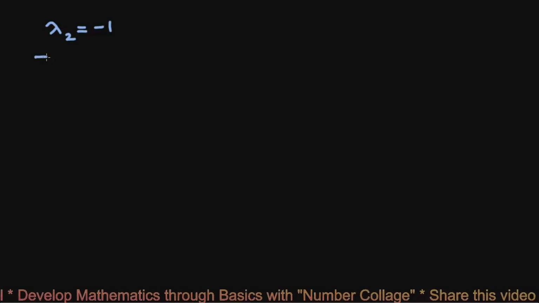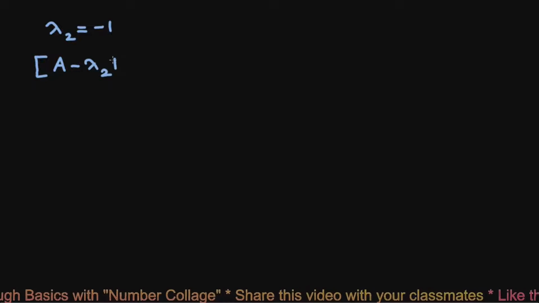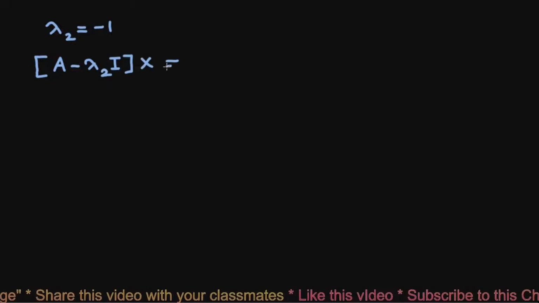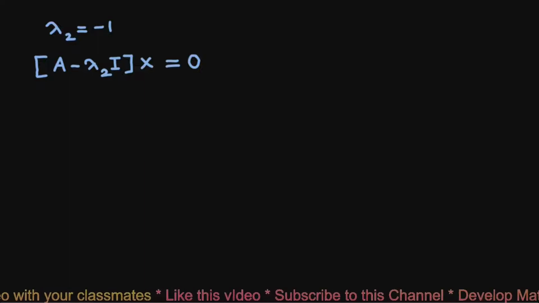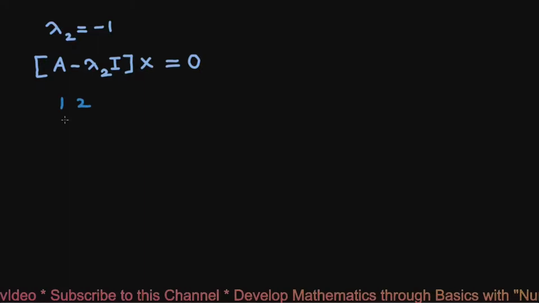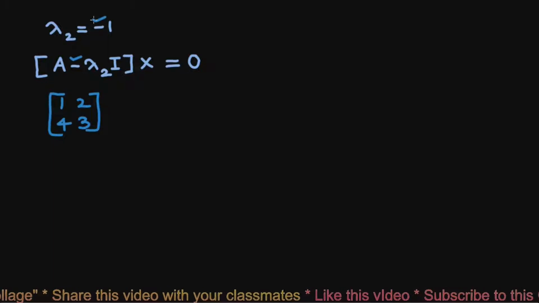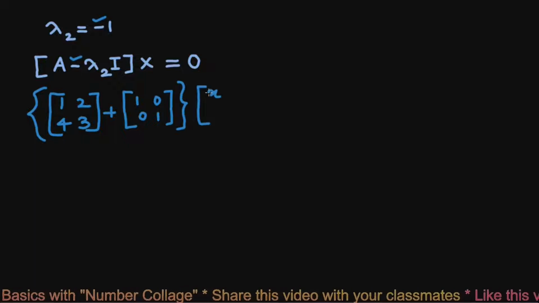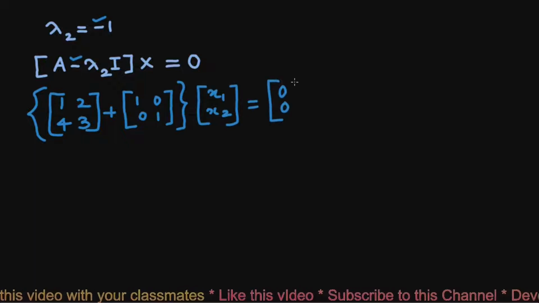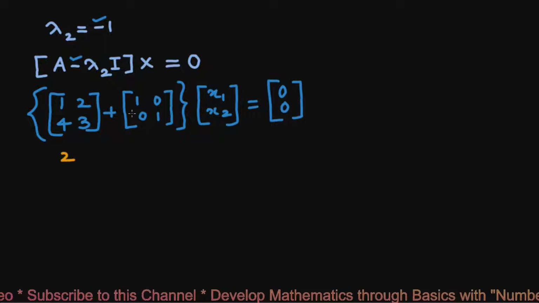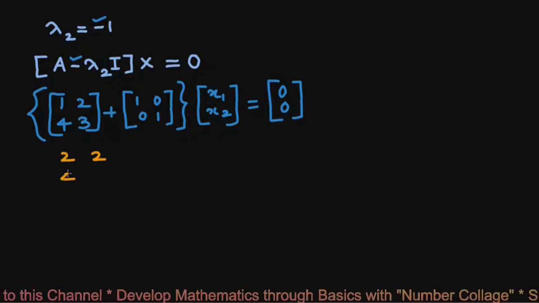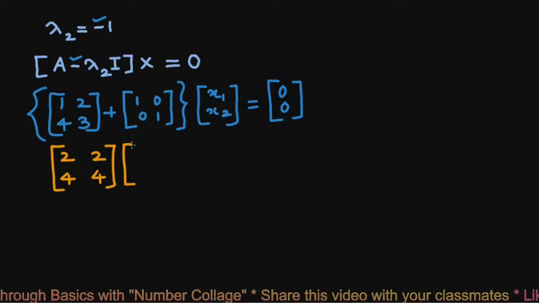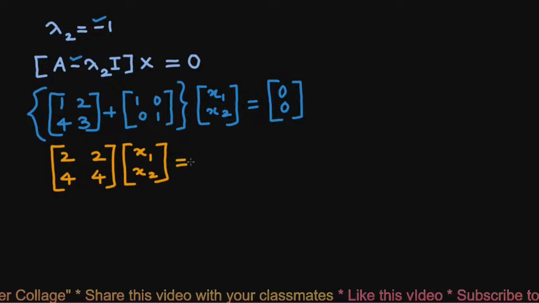Now corresponding to second eigenvalue lambda 2 equals minus 1, we write matrix (A minus lambda 2 I) into matrix X equals zero matrix O. Substituting the values, we write for A, [1, 2; 4, 3] minus of minus 1, that will be plus I, all this multiplied by matrix [x1; x2] equals [0; 0], that will be [1 plus 1, 2; 4, 3 plus 1] multiplied by matrix [x1; x2] equals [0; 0].